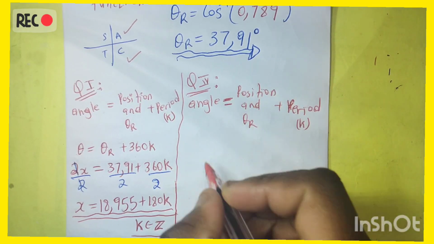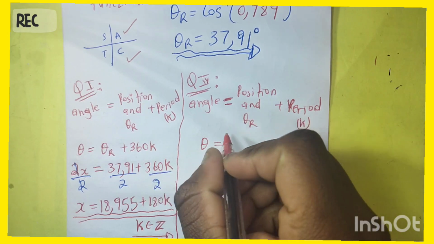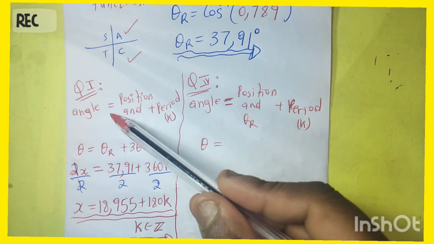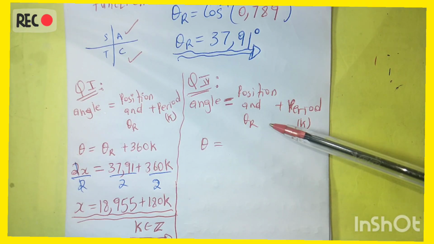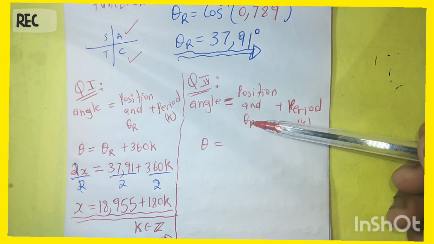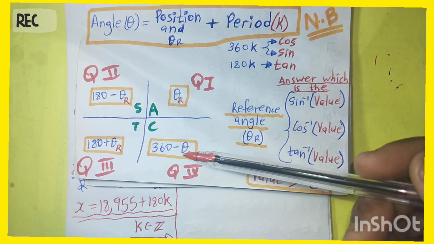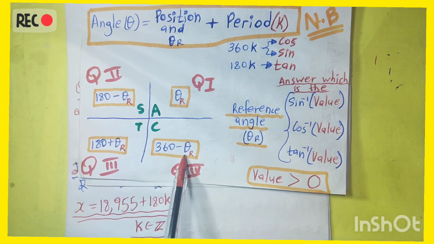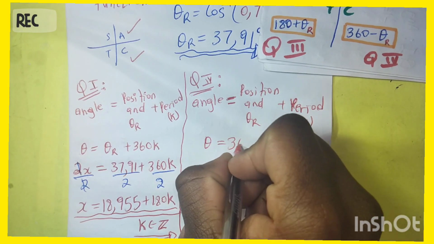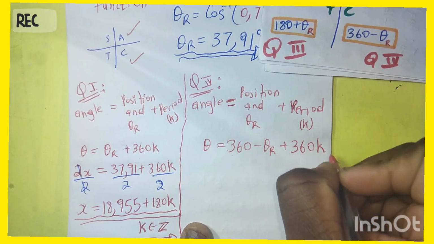And now what I can do, I can just write this in its simplest format. Someone else can just substitute here, but I prefer to write this in the simplest format. The position and the reference angle on the fourth quadrant is this one: 360 minus the reference angle plus 360k.